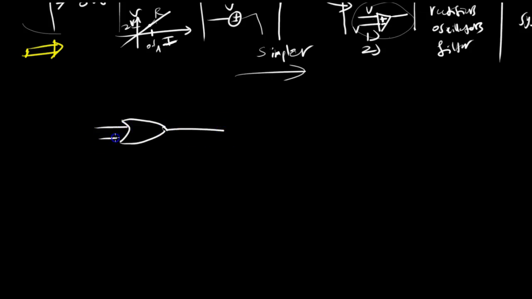What this does is, you give it a certain input, and the output is defined as A or B, meaning the plus is talking about OR, meaning that if either one of these inputs is 1, the output is going to be 1. But if both of these are 0, the output is going to be 0.